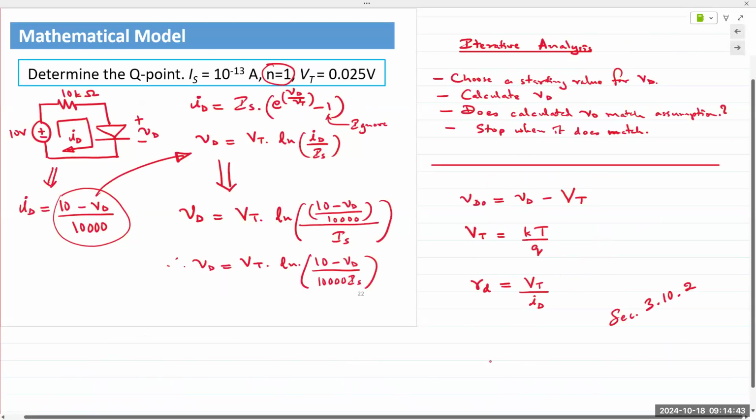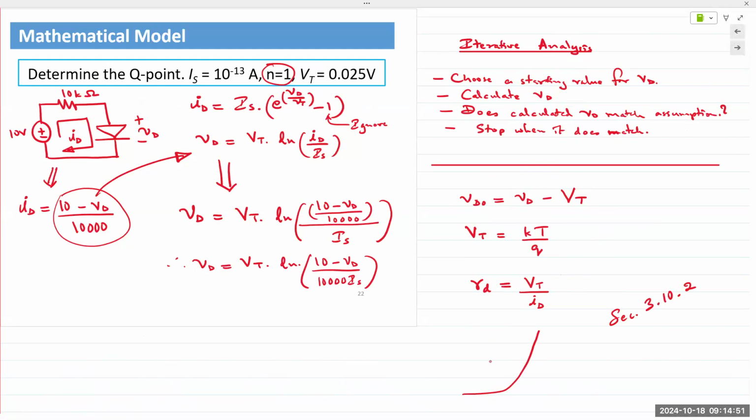So, diode characteristics are nonlinear, right? But if we zoom into any single portion, we can treat a small portion of that characteristic as linear, hence the piecewise linear. The diode Q point, or the operating point, could lie anywhere along this characteristic.